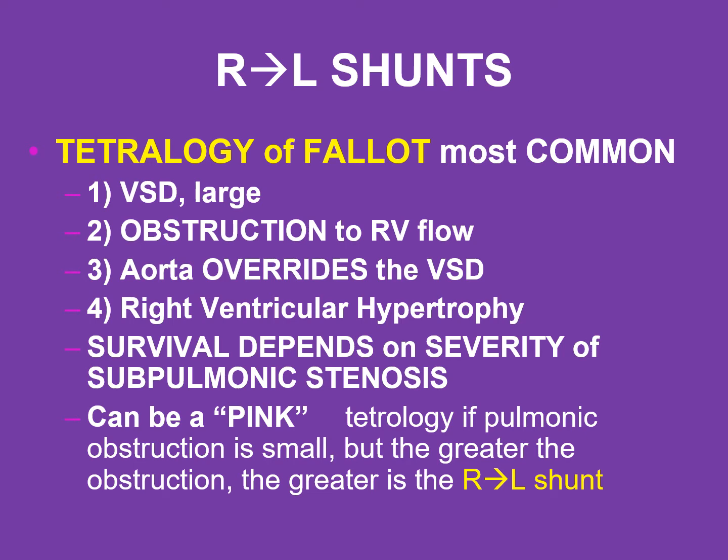Take note that the survival depends on the severity of the subpulmonic stenosis. So this can be a pink tetralogy if the pulmonic obstruction is small, but the greater the obstruction, the greater is the right to left shunt, or your typical cyanotic congenital heart disease.